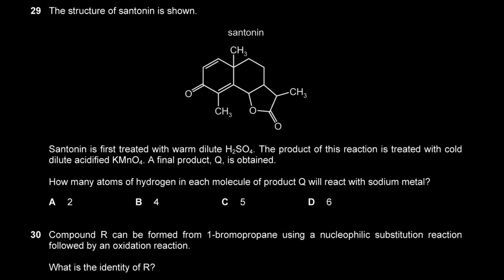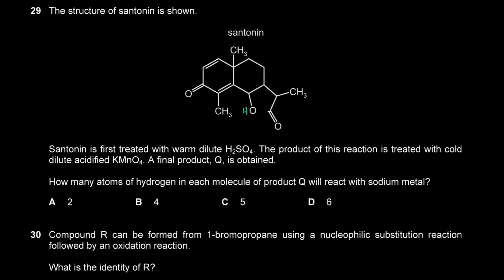When we first react this compound with warm dilute sulfuric acid, we have acidic hydrolysis of the ester, right? So the ester linkage breaks. Okay, what we end up getting over here is an alcohol group, a hydroxyl group, and a carboxyl group, right?